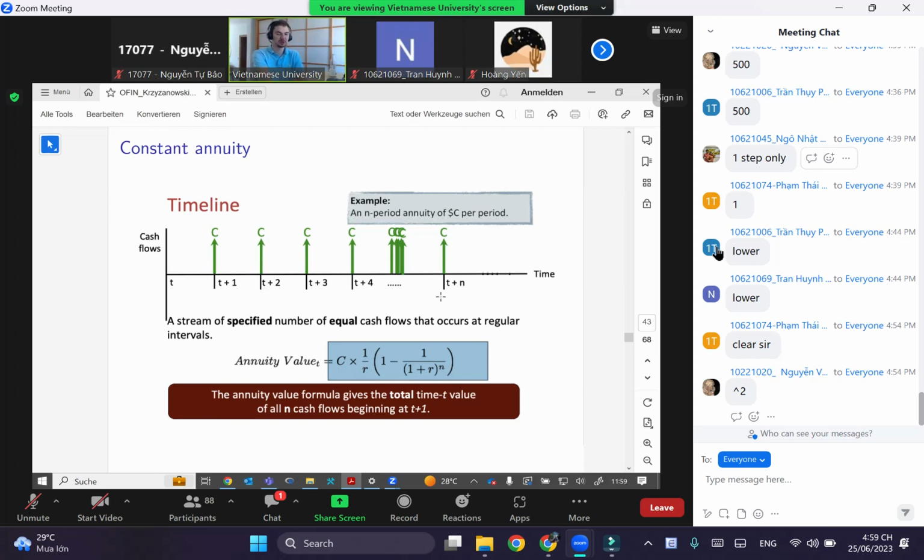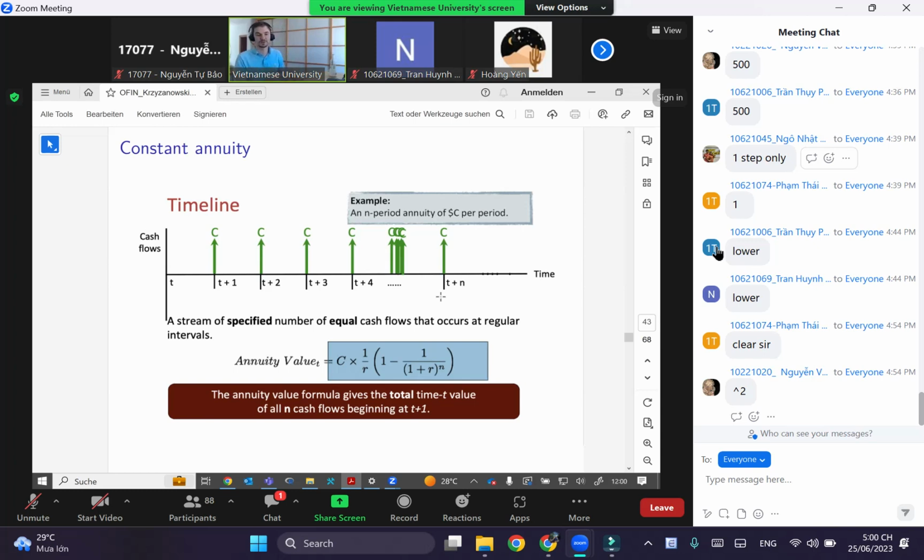And as I said, those annuities might occur in reality, not only from the perspective of investment projects, but also, for instance, when you buy a house and have a mortgage contract which has the form of a constant annuity, meaning your monthly payments follow this constant scheme. And then you're also asking yourself, what is the present value of the mortgage given that you have this initial investment and then the repayments?